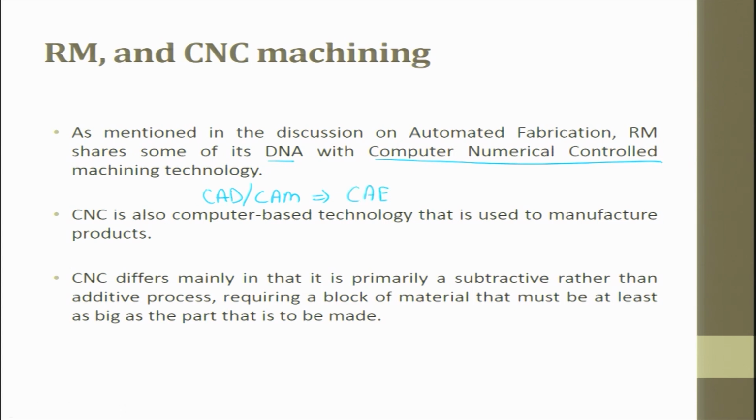It is the same CAD which is used for all these things. The CNC is also computer based technology that is used to manufacture products. CNC differs mainly in that it is primarily a subtractive rather than additive process. It requires a block of material that must be at least as big as the part that is to be made first.